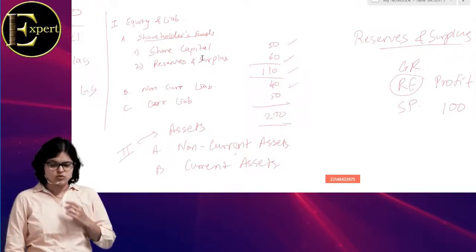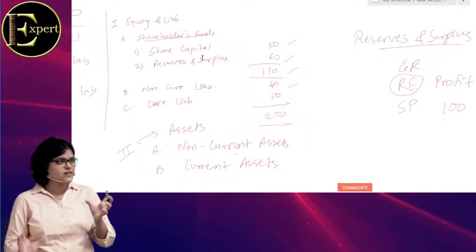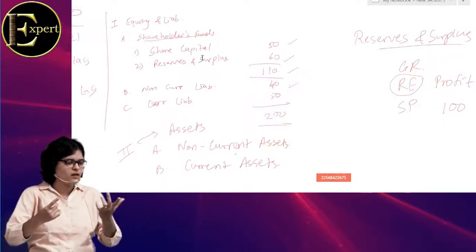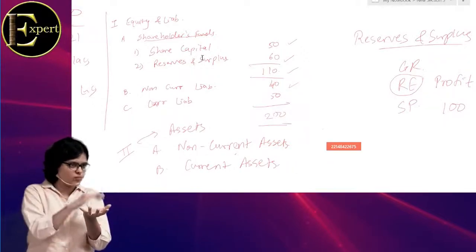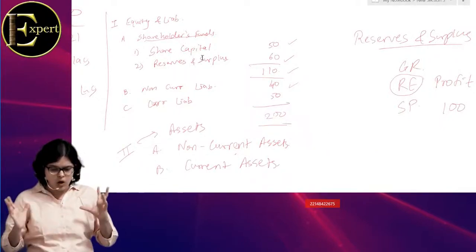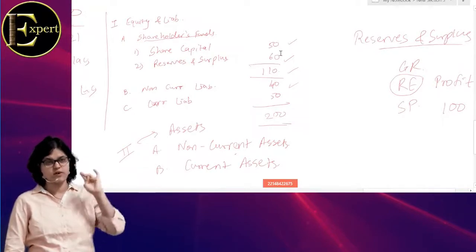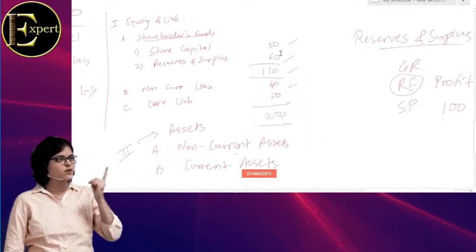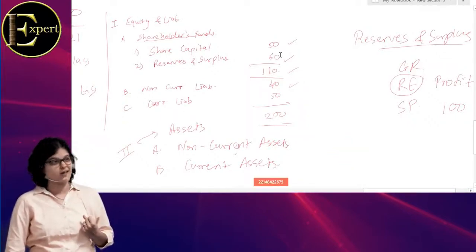So now tell me logically, which company has a greater probability of giving more dividend or bonus? How can I decide whether a company will give bonus or dividend? If reserves and surplus are very high, are there chances that it will give bonus and dividend, or if reserves and surplus are very low? Very high.